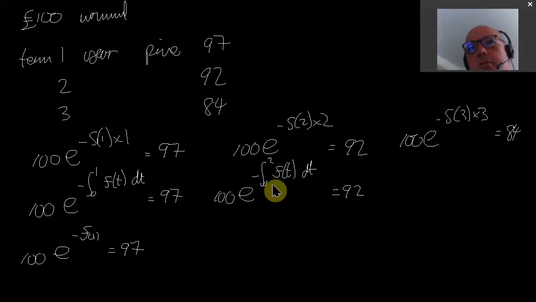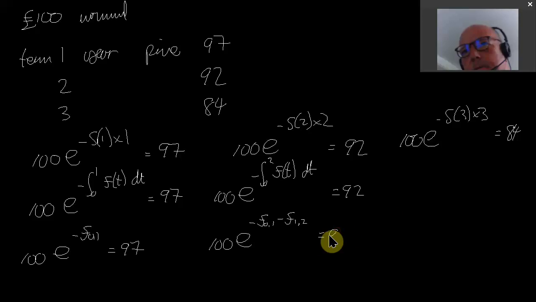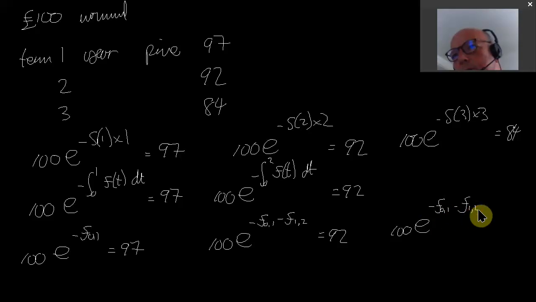If we assume f is constant between 0 and 1 and constant between 1 and 2, this becomes 100 e to the minus f 0,1 minus f 1,2 equals 92, and this becomes 100 e to the minus f 0,1 minus f 1,2 minus f 2,3 equals 84. Okay, from which all I need to do now is solve this.